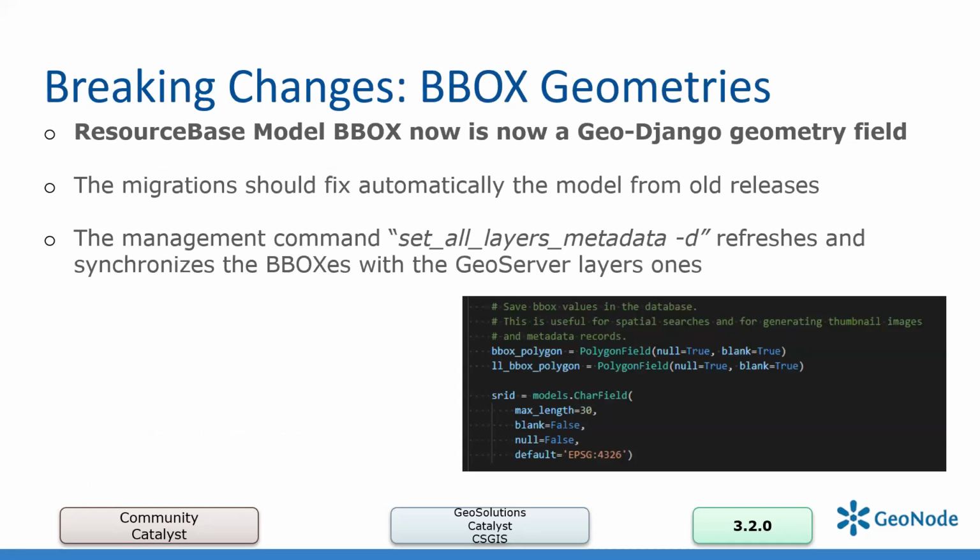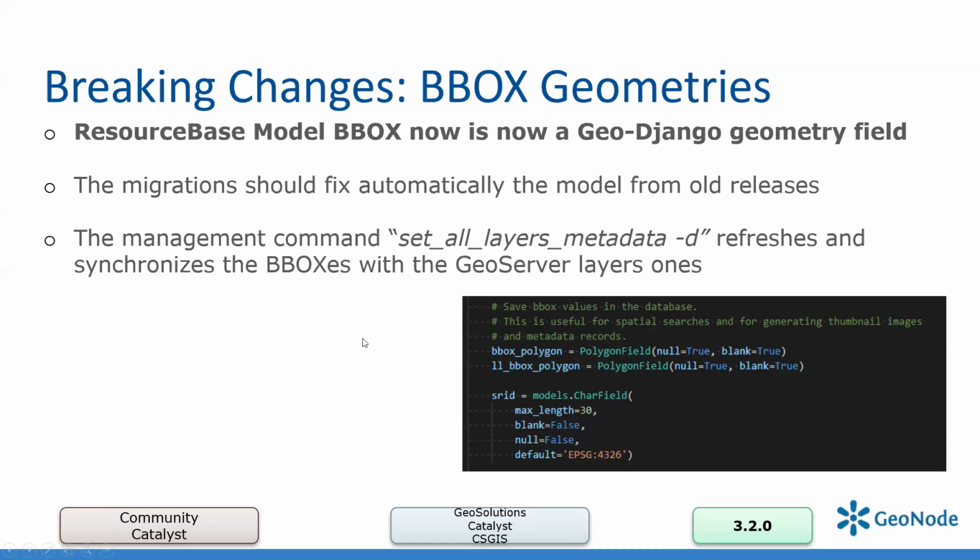Okay, so this is what I was saying before, breaking change: the bounding box geometry. So now the resource model has a bbox polygon and a lat-long bbox polygon as a geometry field. If you are upgrading from GeoNode 3.1 by running the migration, in theory, the geometry should be set automatically.